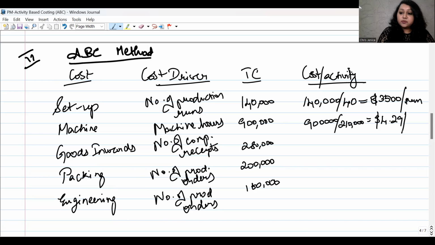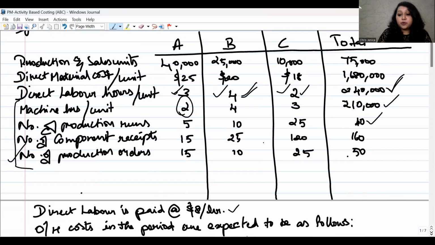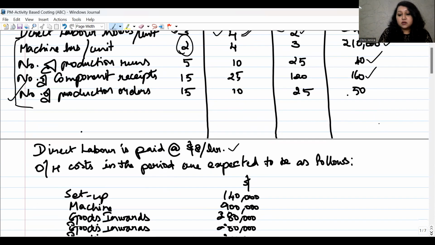So this is going to be $4.29 per machine hour, right? Then you have goods inwards, that is number of component receipts. The total cost of goods inwards is 2 lakh 80,000. And how many component receipts? You have 160, right?